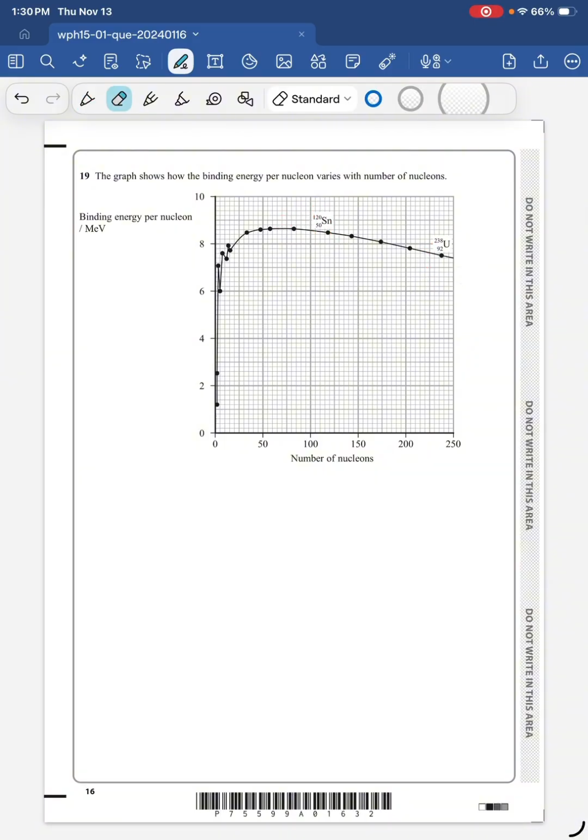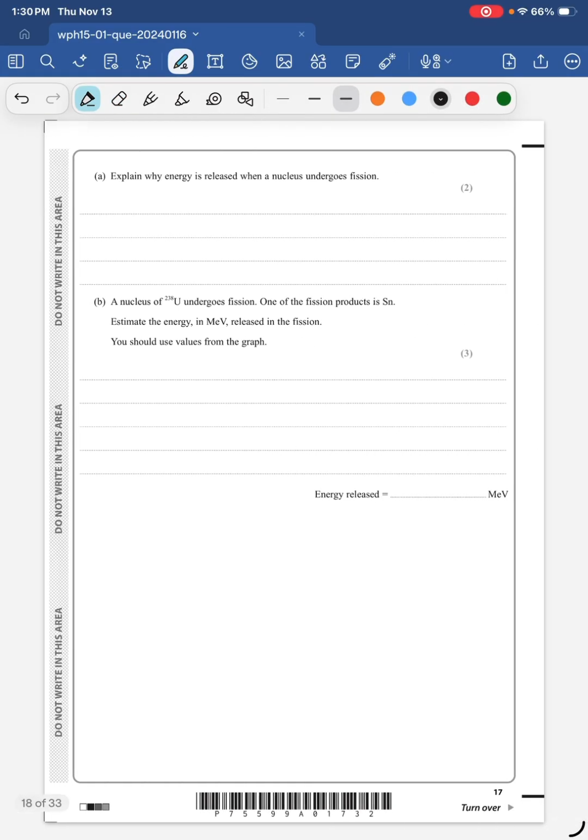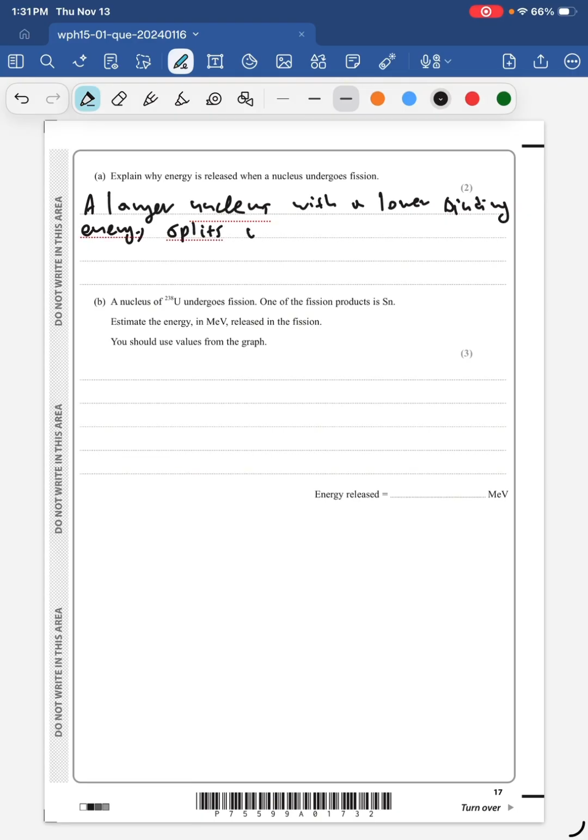Let's erase this because we might need it later. Let me go back to the black marker and let's answer this. A larger nucleus with a lower binding energy splits into two nuclei and neutrons are also emitted.